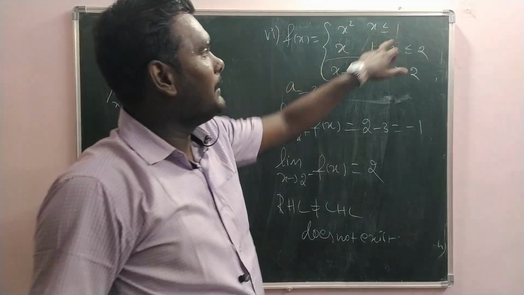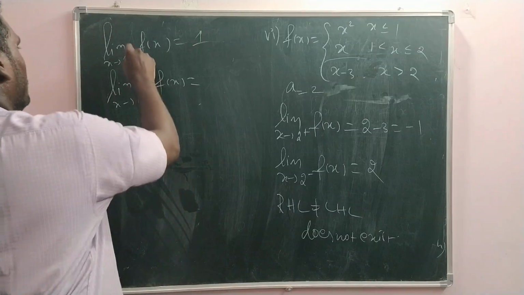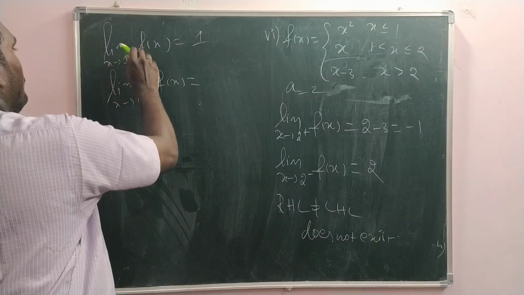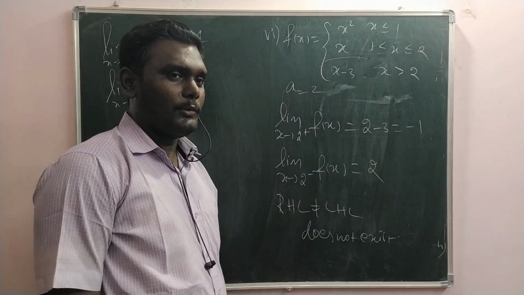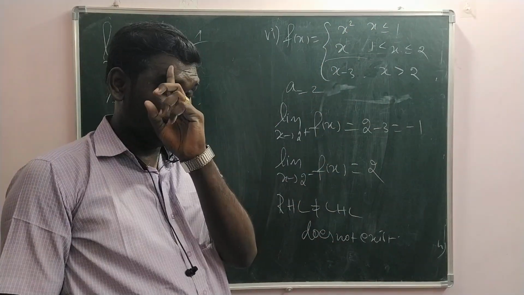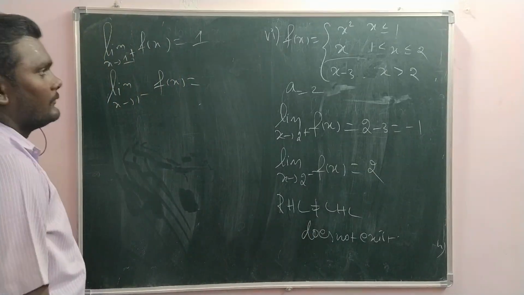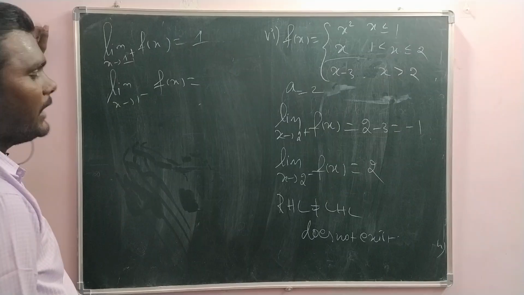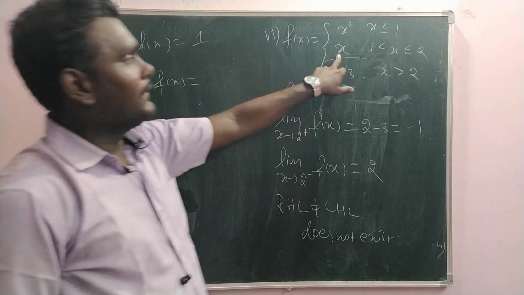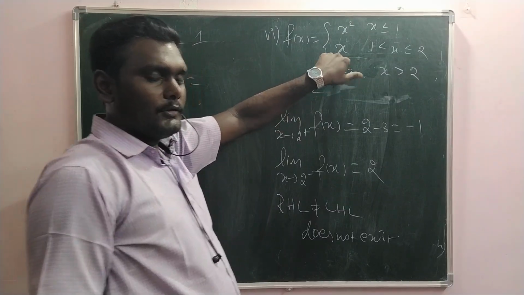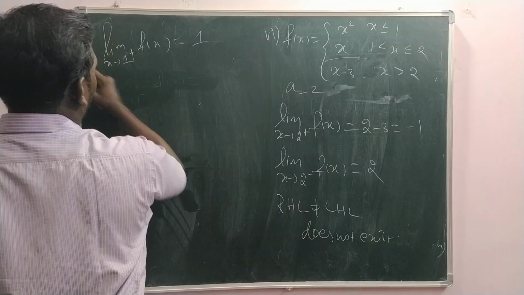At the point 1, whether the limit exists or not, I am checking. Question they gave, man, just to make you understand, I am telling you to check the point 1. It's not given in the question. 1 plus, why? 1 plus means more than 1. This result will come. So here it is 1 only.